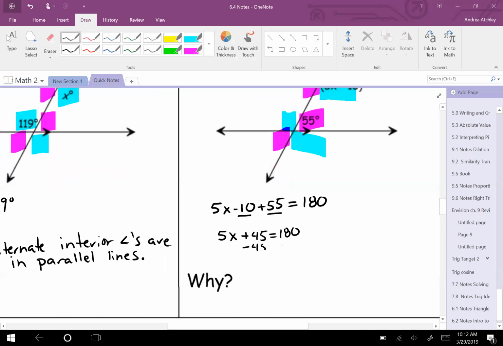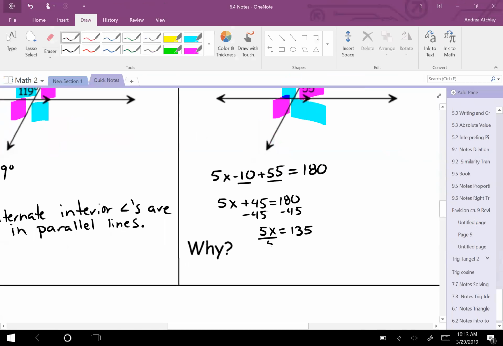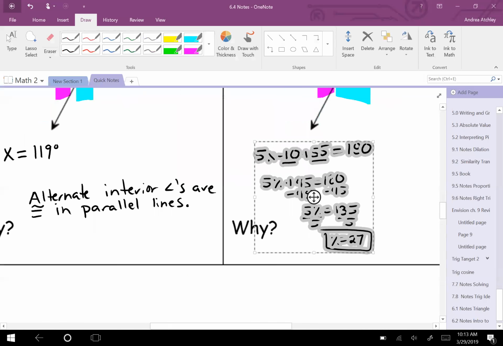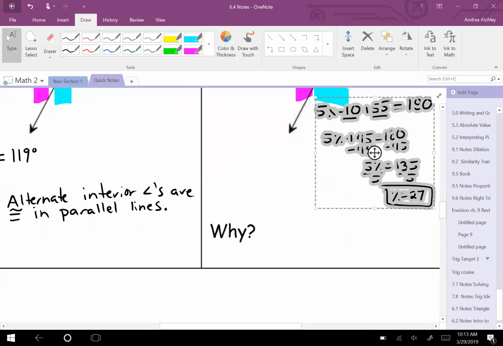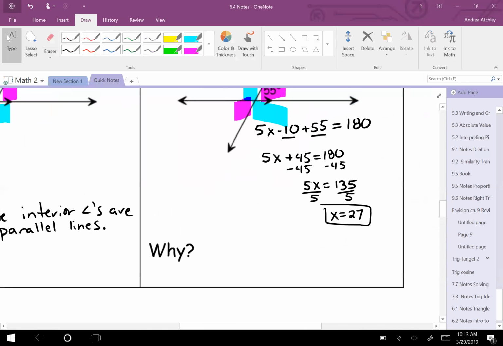Subtract the 45, and I get 135. And then divide by 5, and x equals 27.